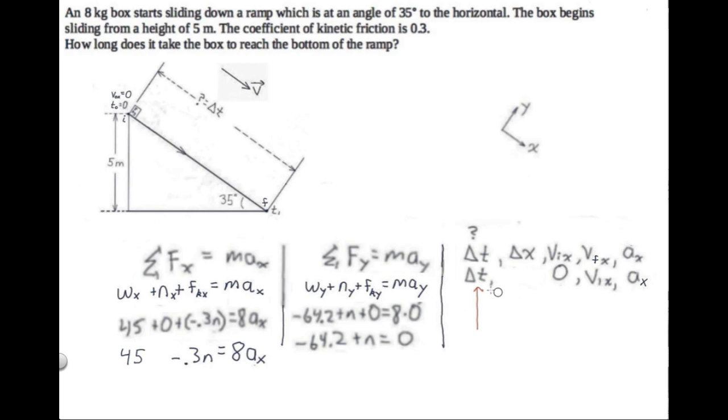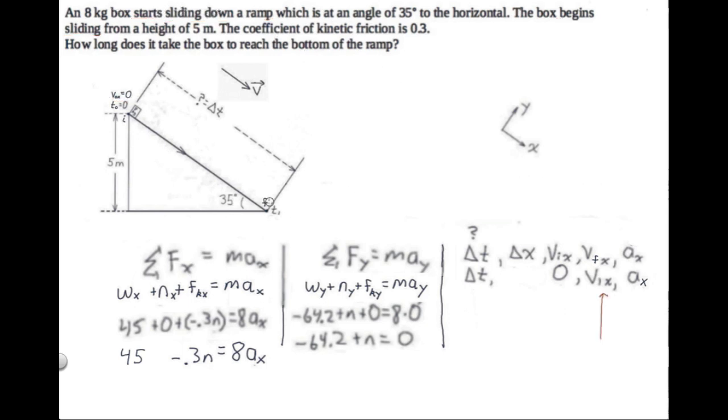Next, we continue our kinematics setup by listing the specific numbers or symbols that we're going to be using for the kinematics variables for this particular problem. So far, we don't have anything more specific to use for delta t, so we continue to use the symbol delta t. We have already decided that the initial velocity is 0, so I'll indicate that v initial x is 0. Remember that when the problem says that the box starts sliding down the ramp, that wording implies that the box begins its motion from rest.